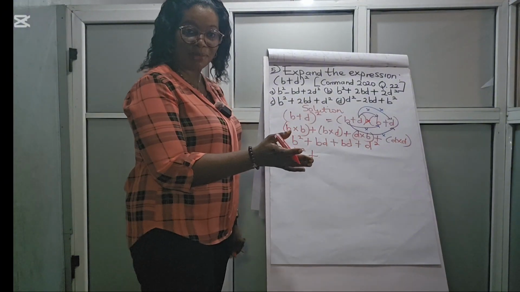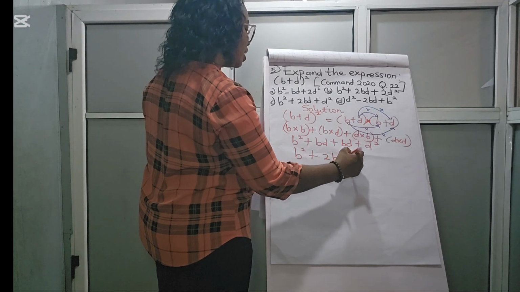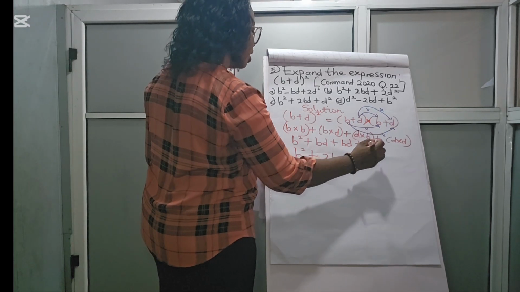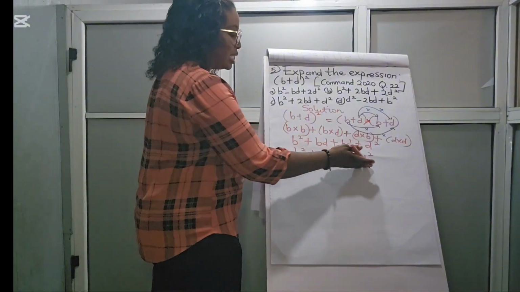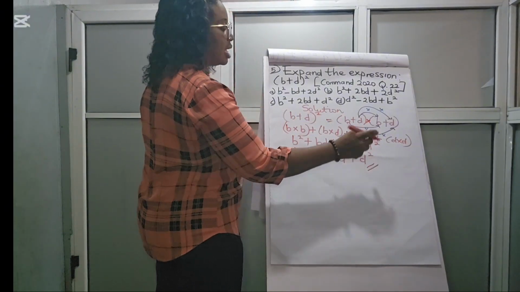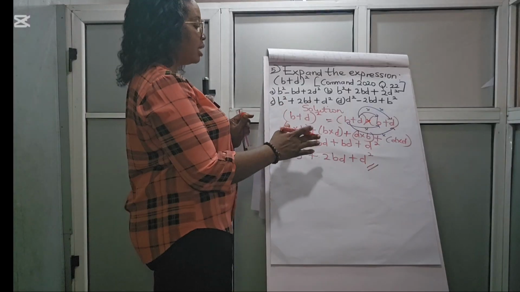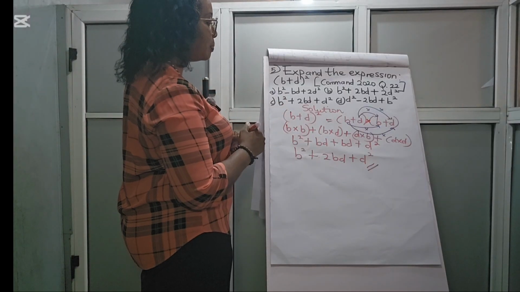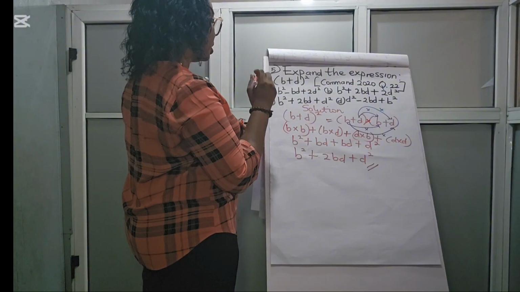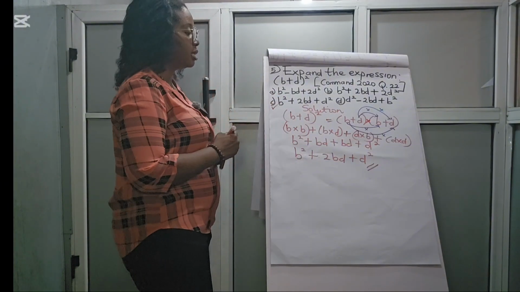They are both like terms, so 2BD, plus D squared. We cannot simplify further because they are all unlike terms. So this leaves us with our final answer, which we find in option C. That's our answer.